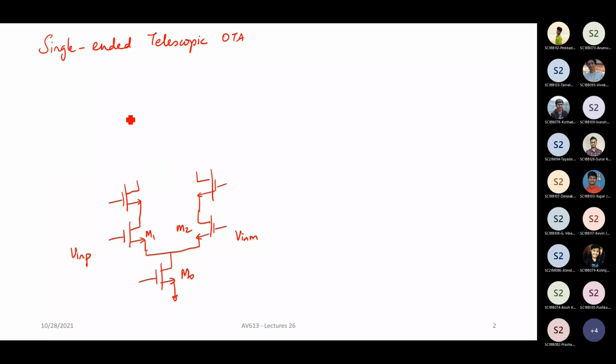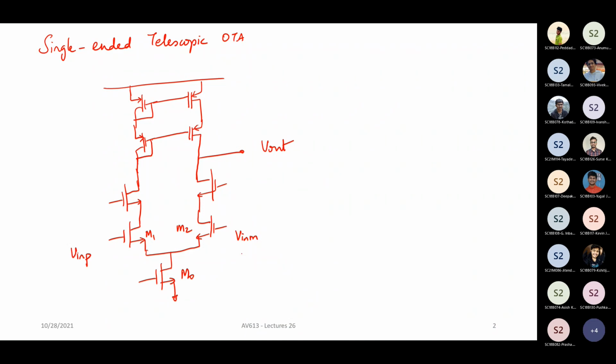So now, instead of having a current source load, which is what we had in the fully differential case, which we saw yesterday, we are going to have a current mirror load. A very simple current mirror load is basically going to look like something like this. Now, because we are talking about cascodes, we need to have a cascode current mirror. And this becomes your output.